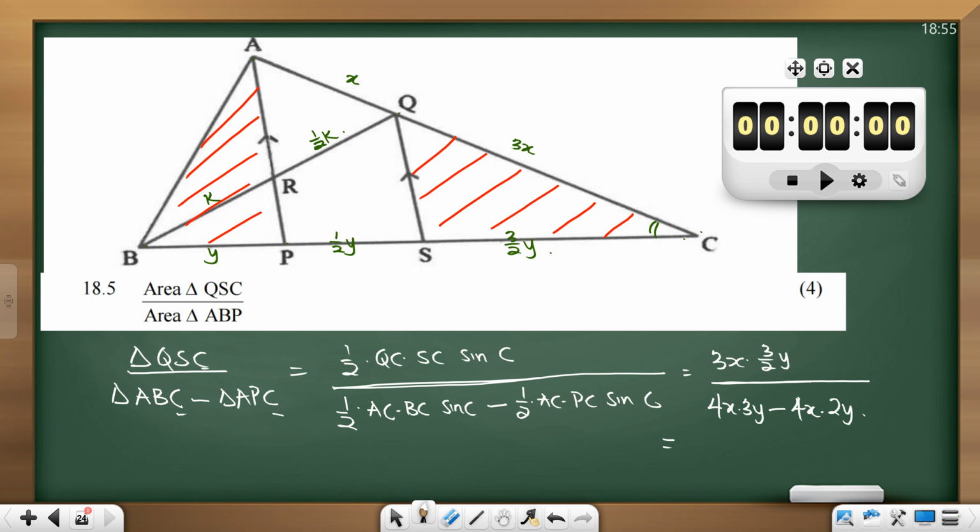What are you going to get? You notice the xy just automatically cancels, right? So what do I have? 9 over 2 xy, in case you want to write it like that. 4 times 3 is 12, 4 times 2 is 8. So what's our answer? 4xy. The xy cancels. What do I have left? 9 over 8.